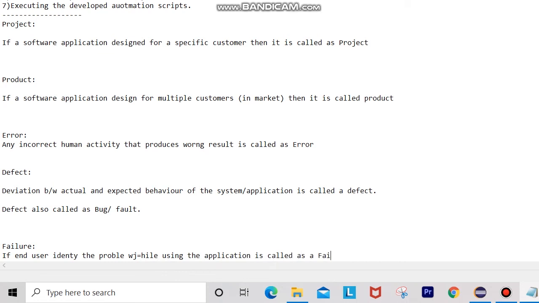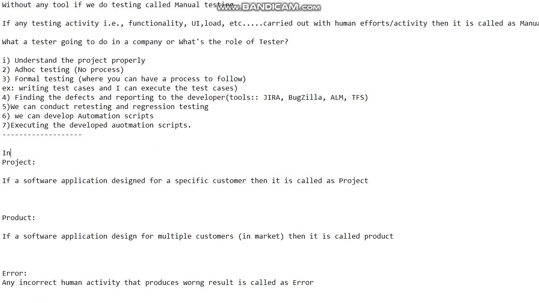These terms you must and should know before you start your career as a tester. These are all the terms we need to know. I can name it as introduction to testing.